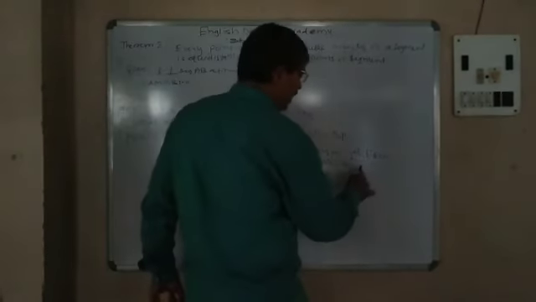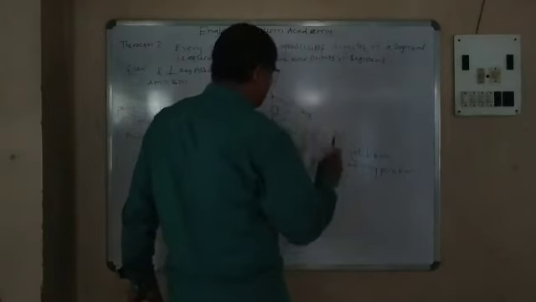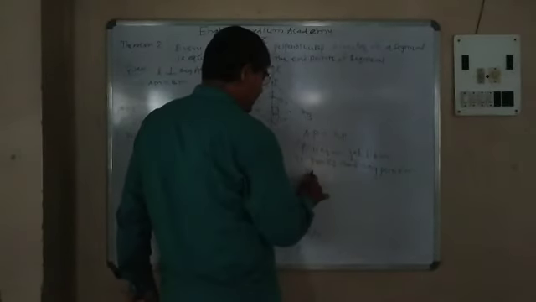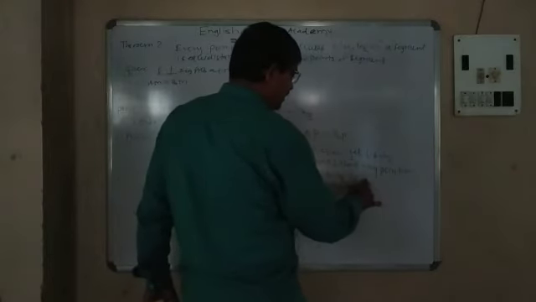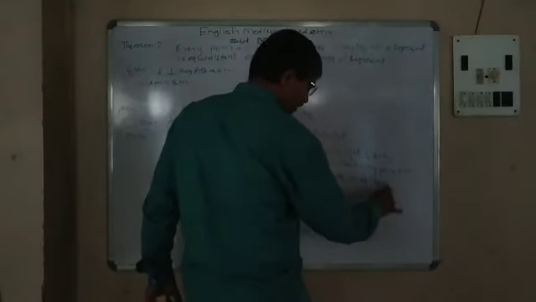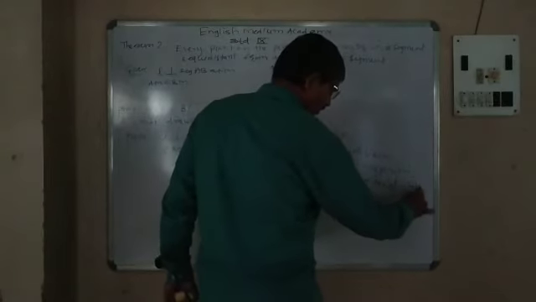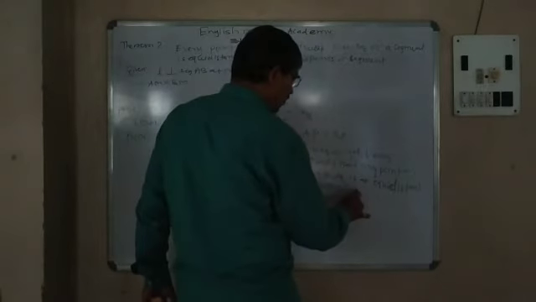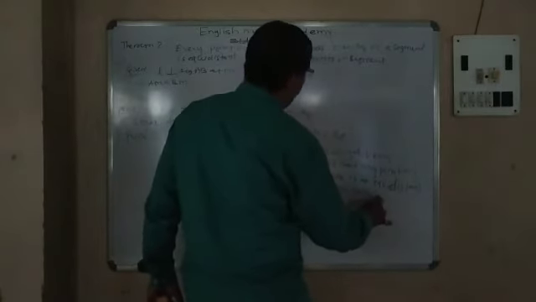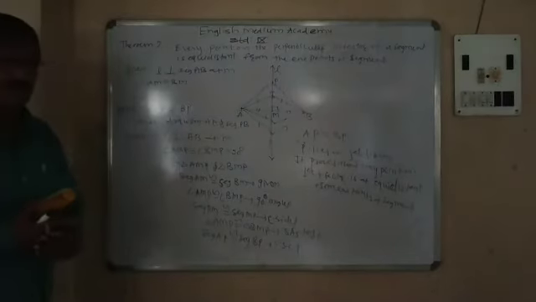It proves that any point on perpendicular bisector is equidistant from endpoints of segment. Understand? So by this way, this theorem number 2 is completed.